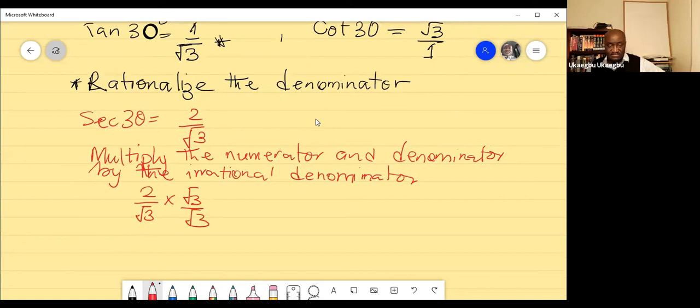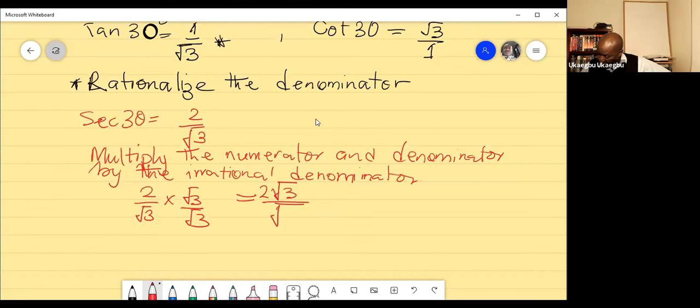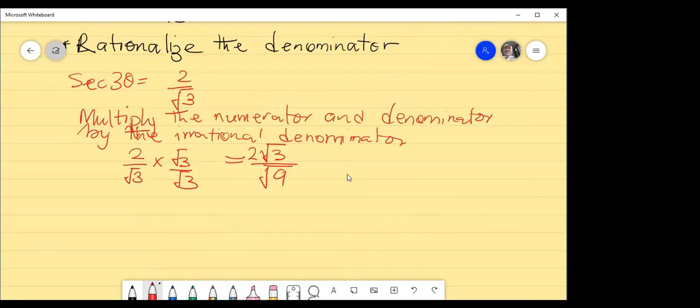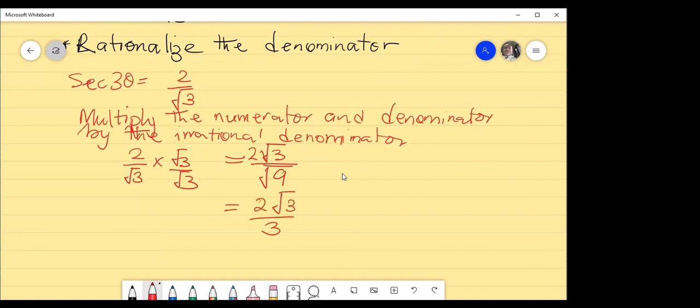That's all the whole thing means. See how easy it can be? Then 2 times √3 is 2√3. How about √3 times √3? √3 times 3, ladies and gentlemen. It's 3 times 3, which is 9, so √9 is 3.